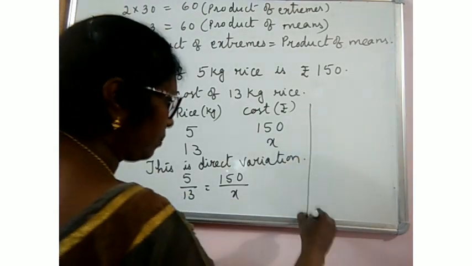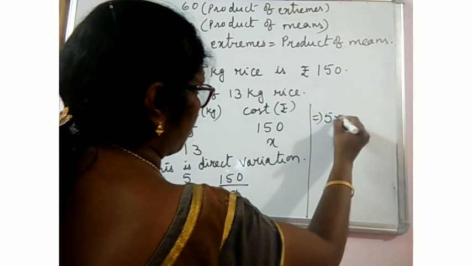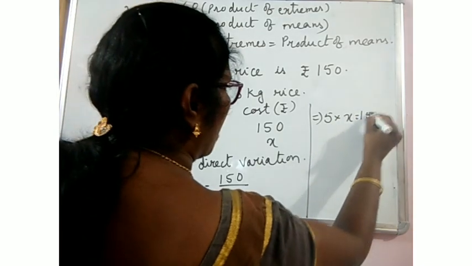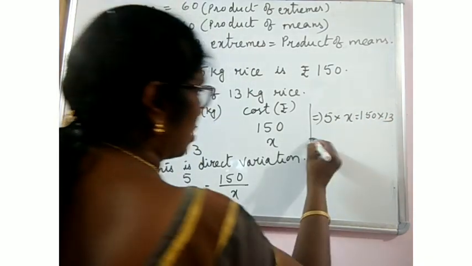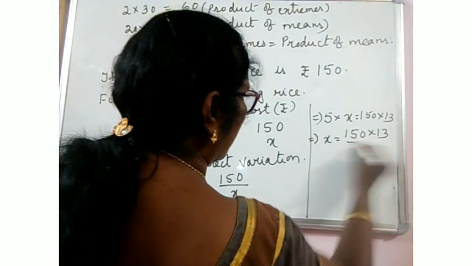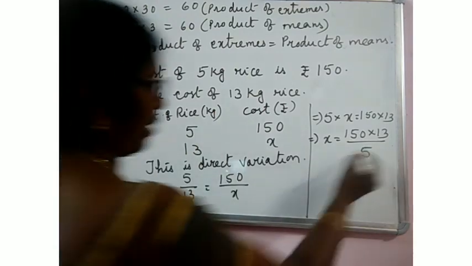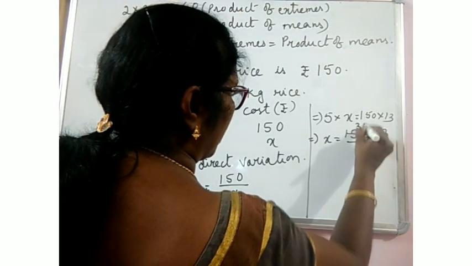So that implies 5 into x equal to 150 into 13, or x is equal to 150 into 13 by 5. 5 1s are 5, 5 30s are 150.